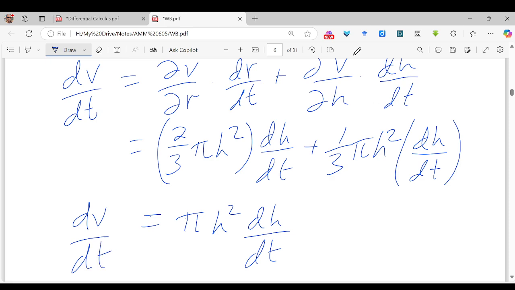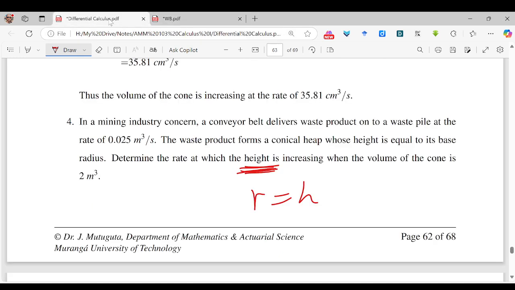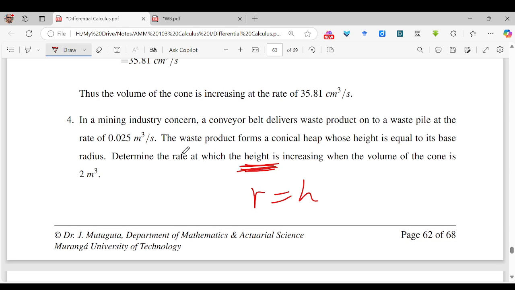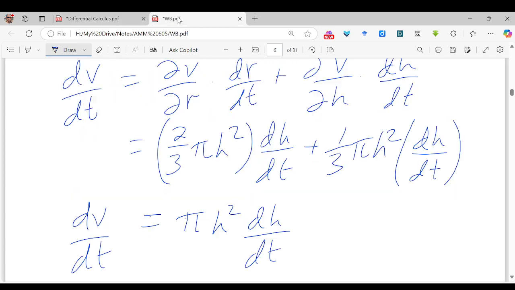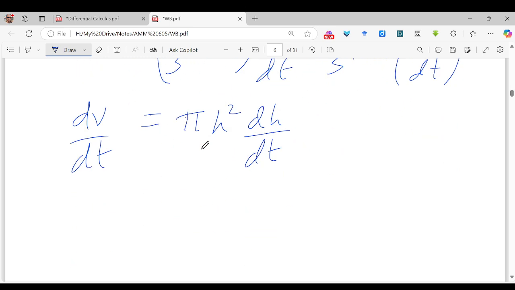Then the information given here is that the rate at which the volume is changing is 0.025 cubic meters per second. So we can substitute here and write 0.025 is equal to pi h squared dh/dt.